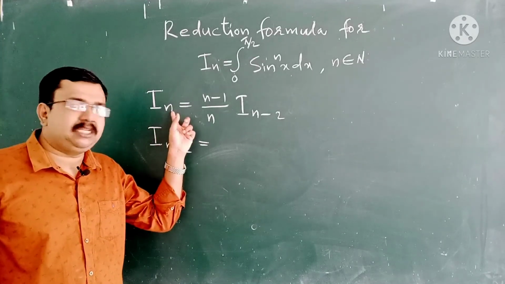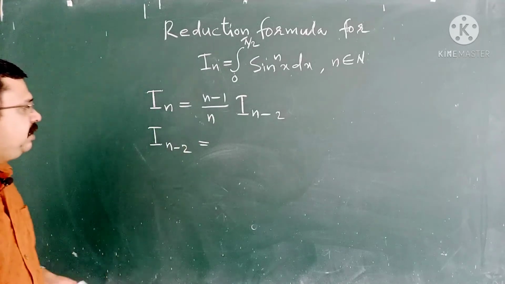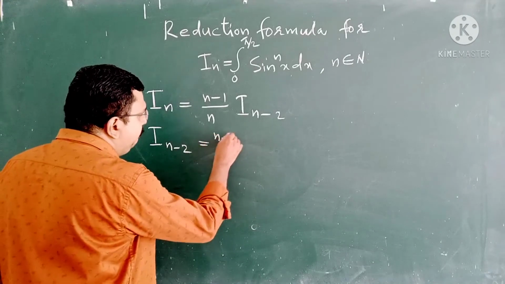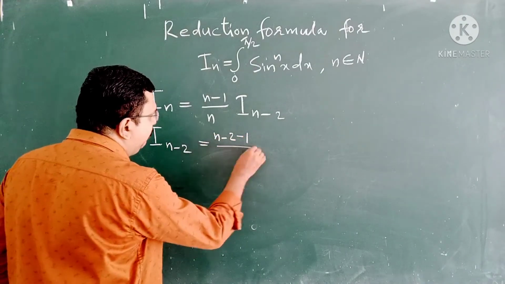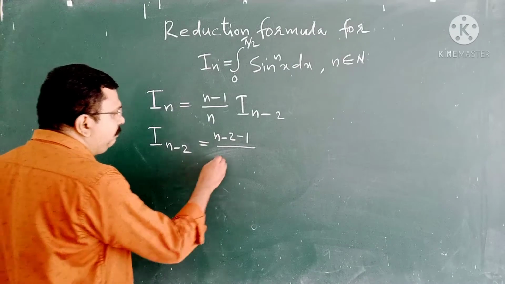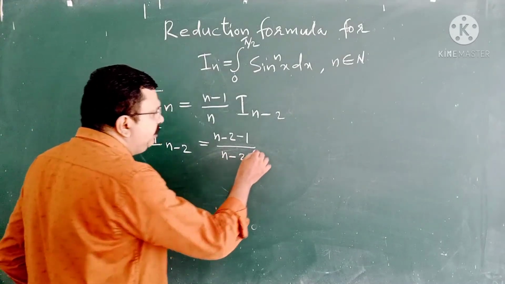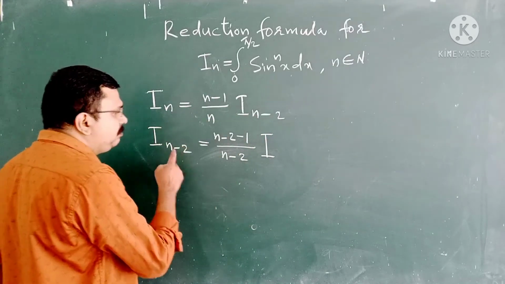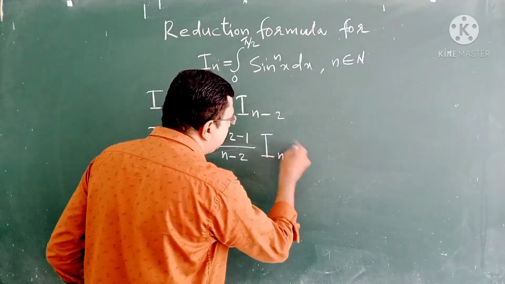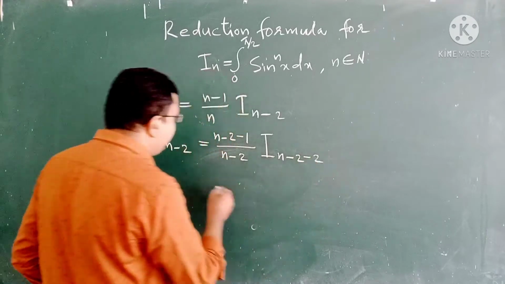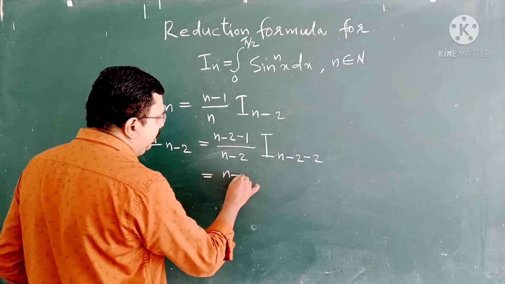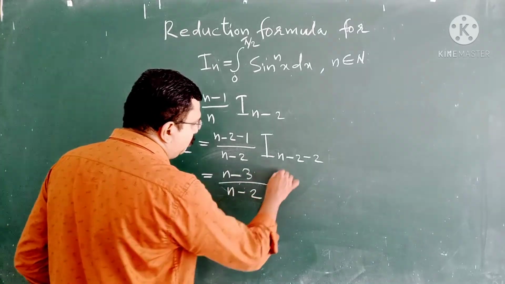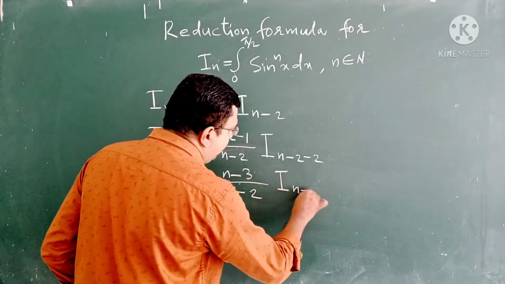When n is replaced by n minus 2, here n minus 1 becomes n minus 2 minus 1, divided by n minus 2, and I n becomes I n minus 2 minus 2, that is n minus 3 divided by n minus 2 into I n minus 4.